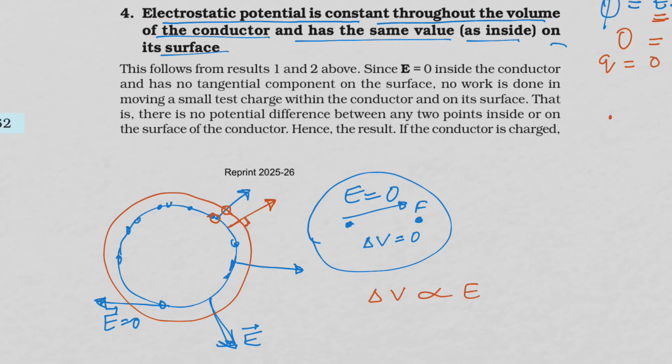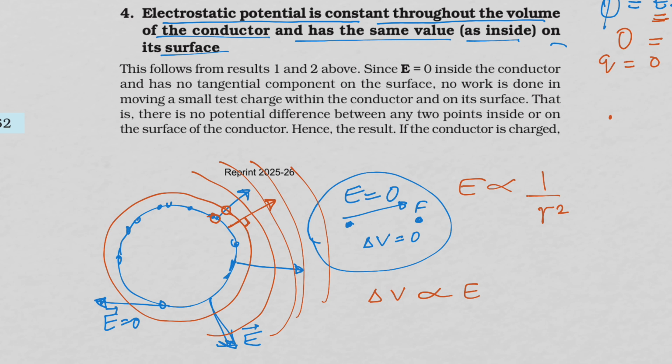And as we know, electric field is proportional to 1 upon r square, so the electric field will change the moment we go farther from the conductor. The farther we go, the more the electric field is reduced, and if the electric field is reduced, it will affect the potential.